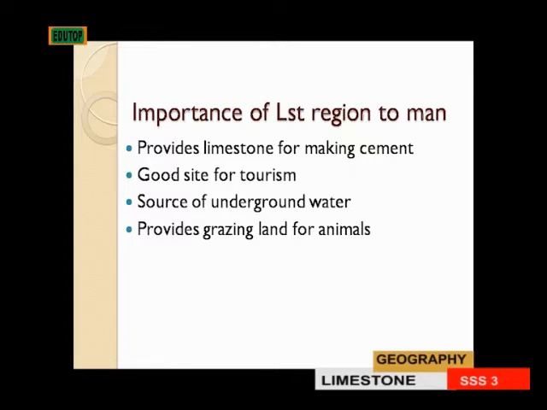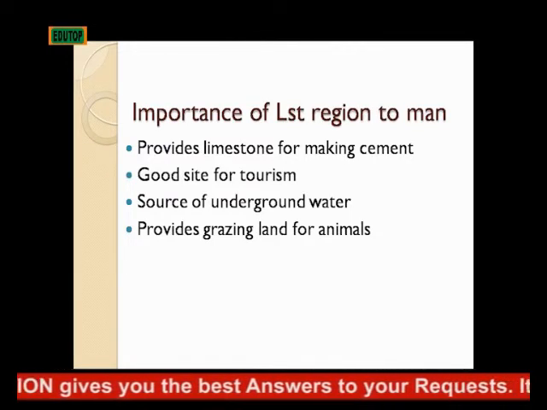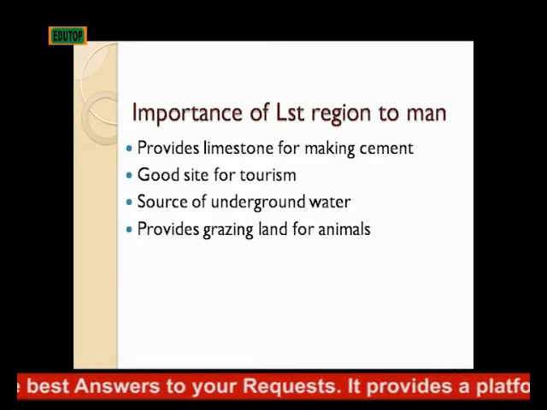Number three, the limestone region serves as a source of underground water. We're talking about the spring, or the resurgence, that resurfaces or re-emerges at some point within the region. Four, it also provides grazing land for animals.